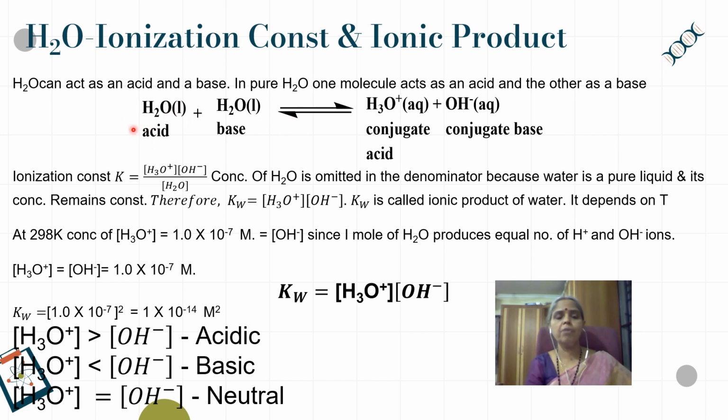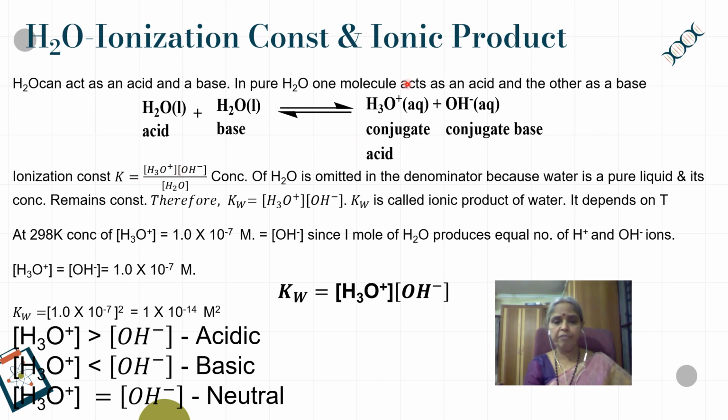So, the two water molecules react between themselves and you get H3O plus as the conjugate acid of the base H2O and OH minus as the conjugate base of the acid H2O, because we have seen in our previous video that H2O can act both as an acid as well as a base. So, we presume here that one molecule of H2O is an acid, another molecule of H2O is a base, and between themselves they form H3O plus as the conjugate acid and OH minus as the conjugate base.